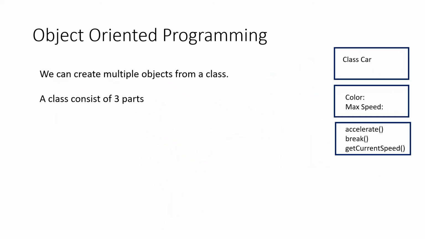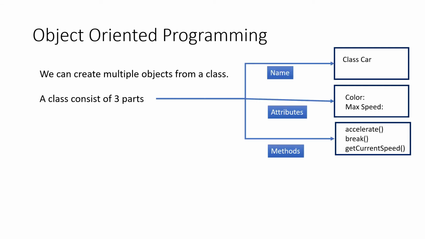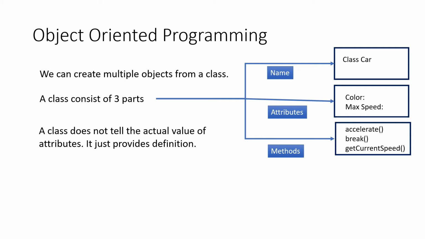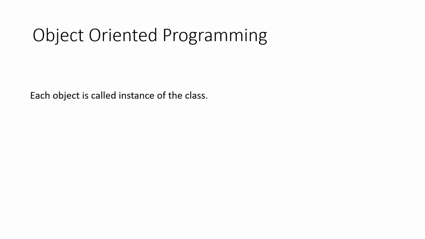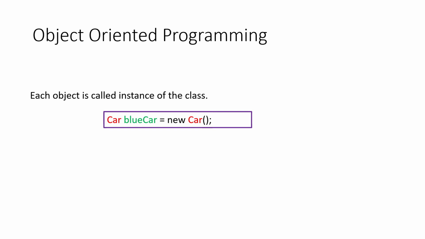A class consists of three parts: the name, the attributes and the methods. A class does not tell the actual value of the attributes. It just provides the definition. Each object of the class is also called an instance of the class. Let's look at an example. Here, we are creating an object, blue car, from class car.